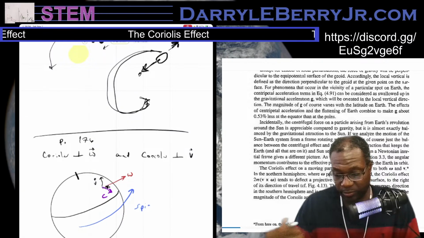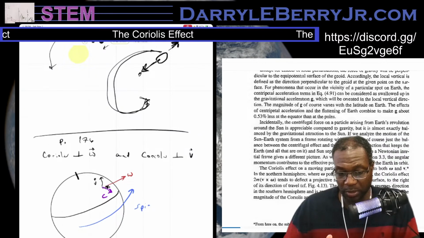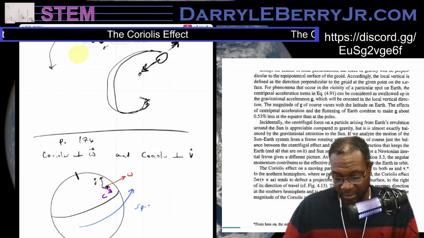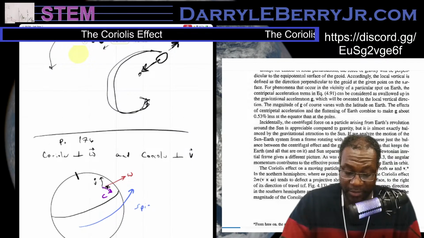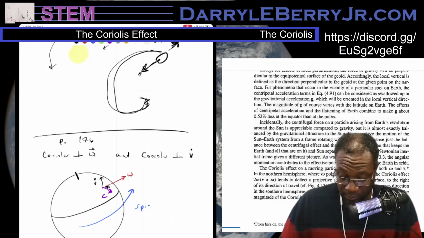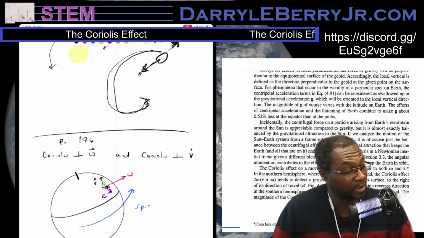Therefore, it'll appear to go to the right where it's going faster. And it seems like the spin and the motion will combine to make this a right angle as well. So it's a right angle to omega and a right angle to each other.